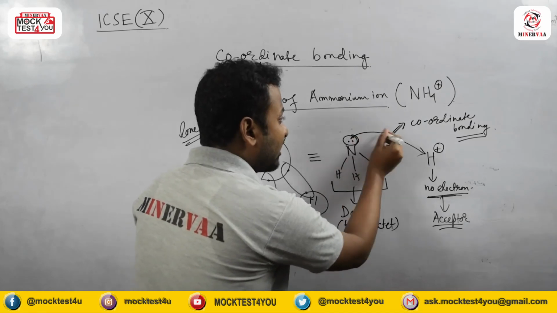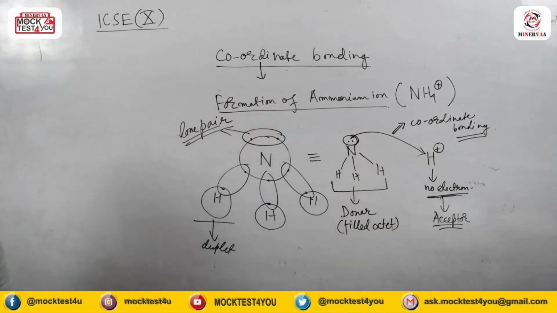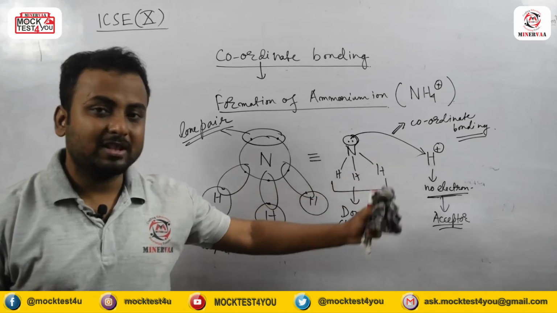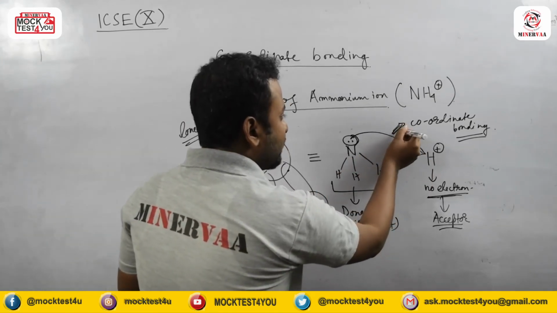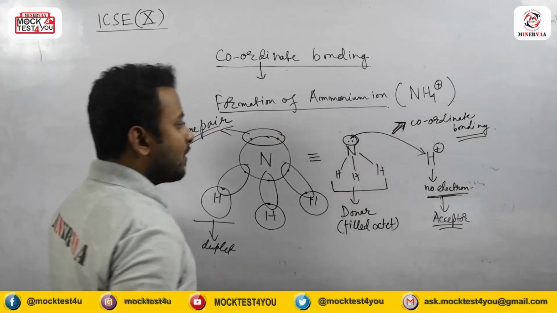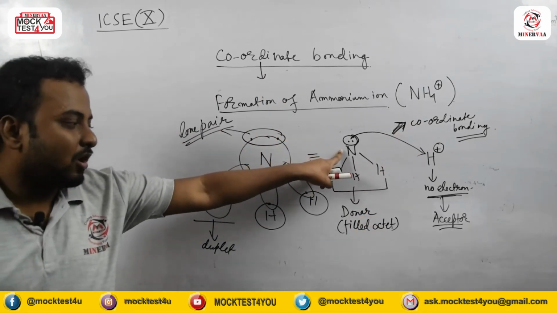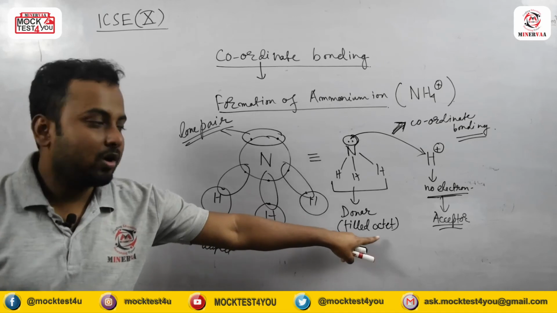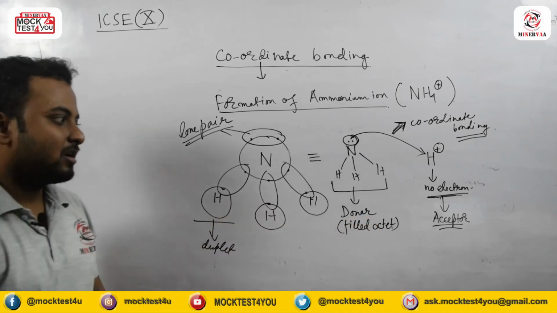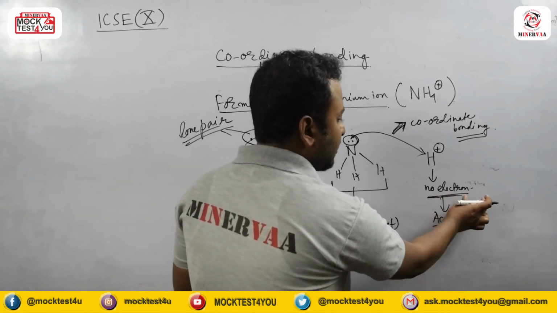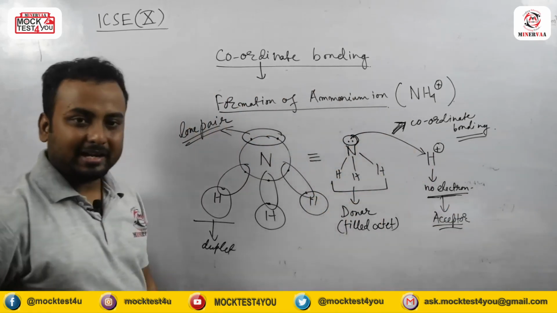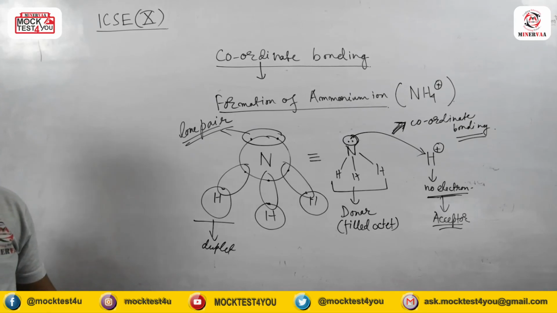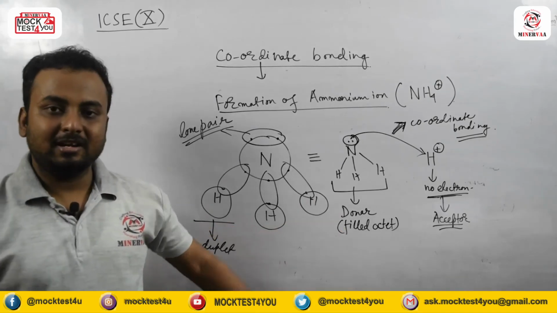So it will not completely transfer its electrons to hydrogen; it will share its electrons with hydrogen. So by coordinate bonding we are also attaining stability, where the donor is already having the octet configuration, but the acceptor is not, and the donor is helping the acceptor attain the octet configuration without losing its stability, right?